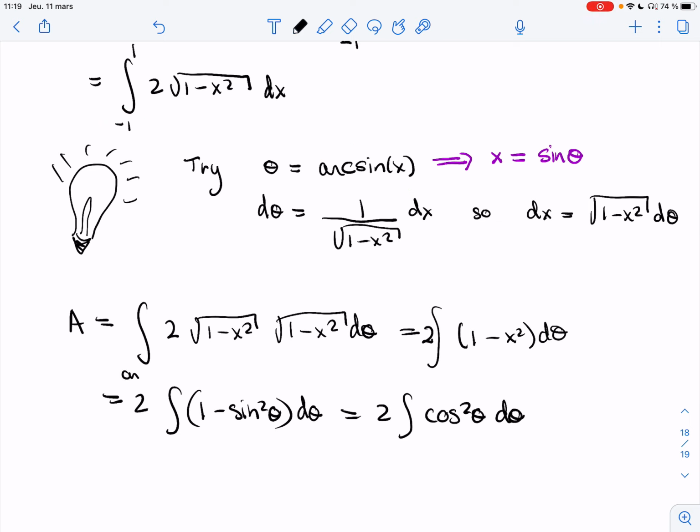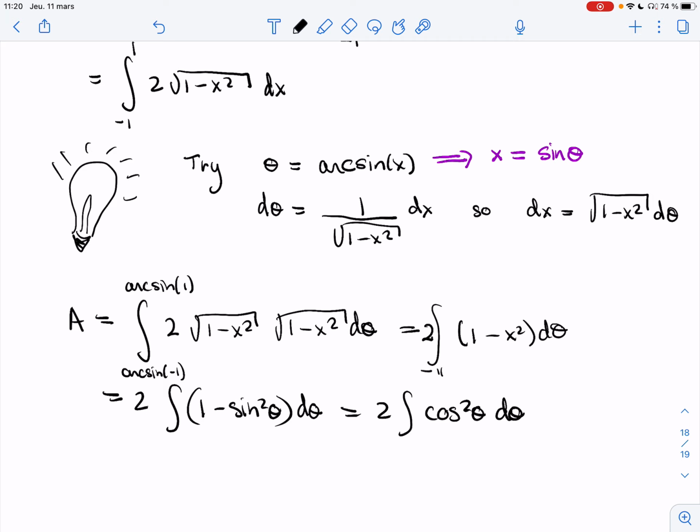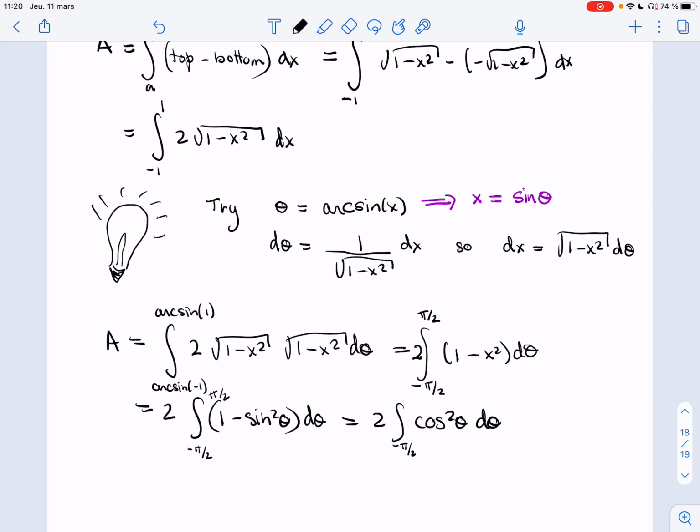So I'm going to get arcsine of -1 and arcsine of 1. Arcsine of -1, you could ask your calculator, but you should know by now it's minus pi on 2, and then on top it's pi on 2.